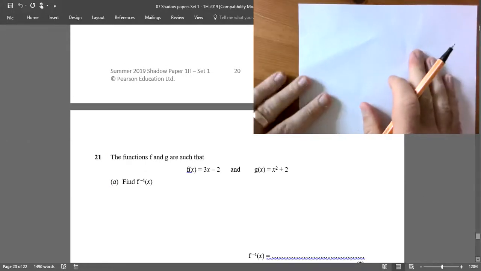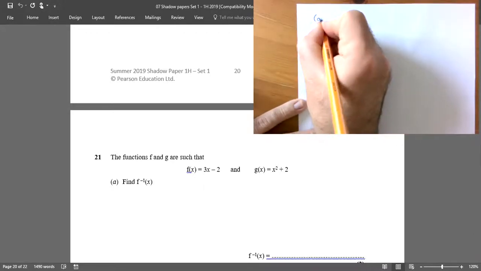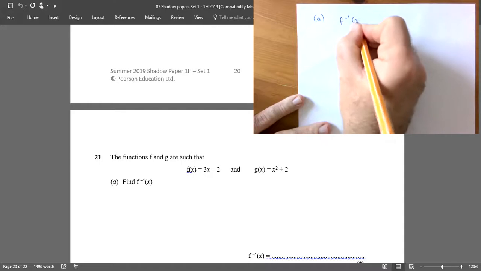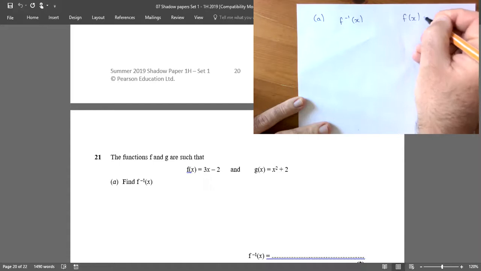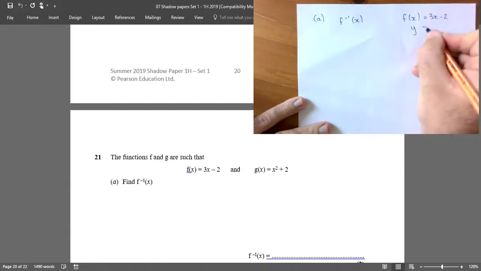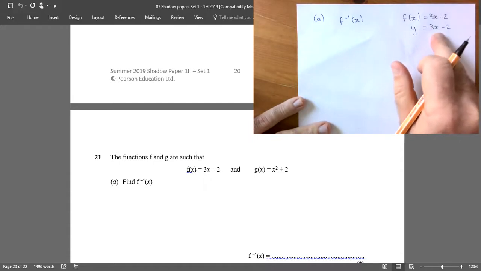So question 21. We haven't quite got to part A yet when doing our functions; we'll come on to that later on. But f to the minus 1 of x. We know that f of x equals 3x minus 2. So imagine that says y equals 3x minus 2 and make x the subject of the formula.